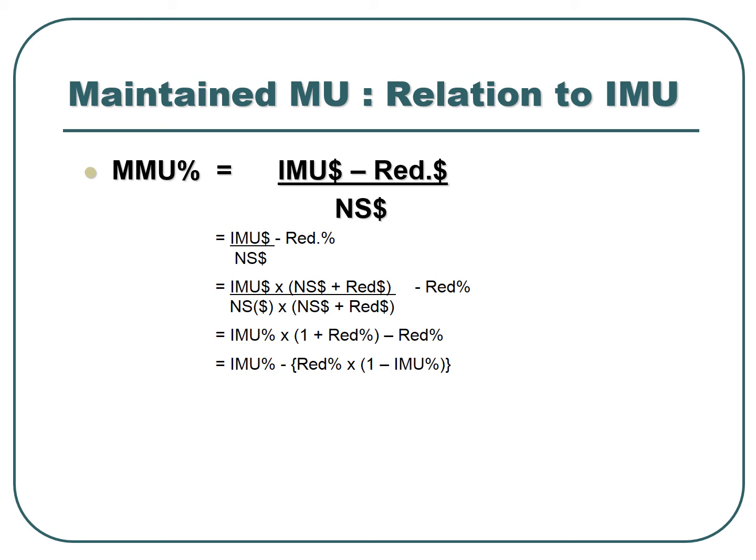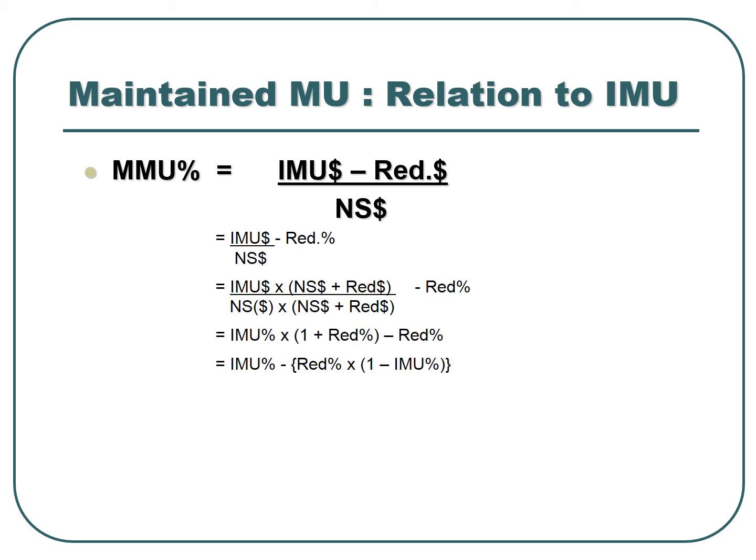Then we can multiply the first portion, IMU dollar over net sales dollar, in both the numerator and denominator, by net sales plus reductions.